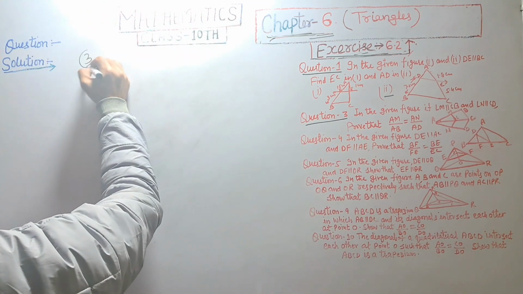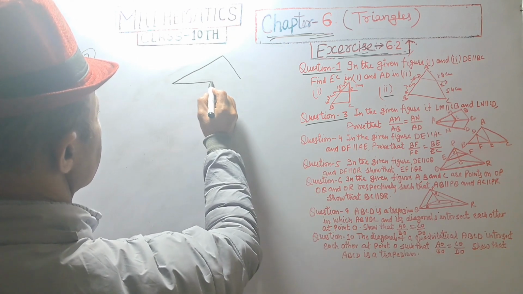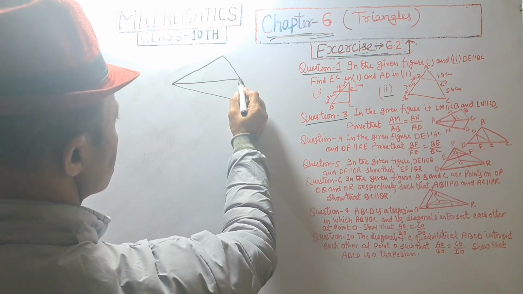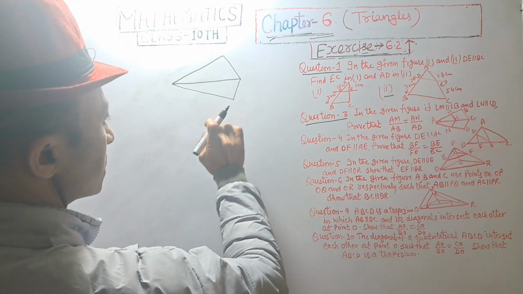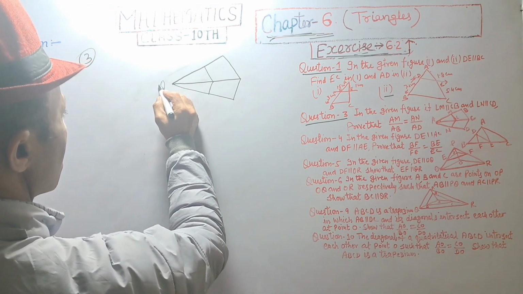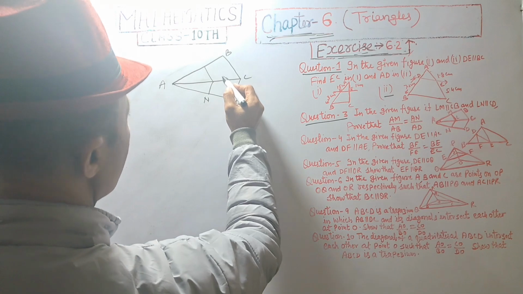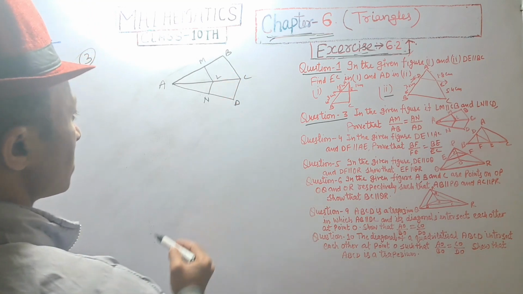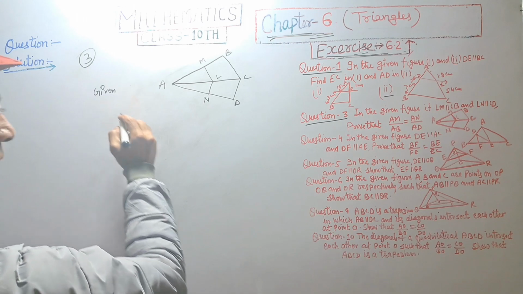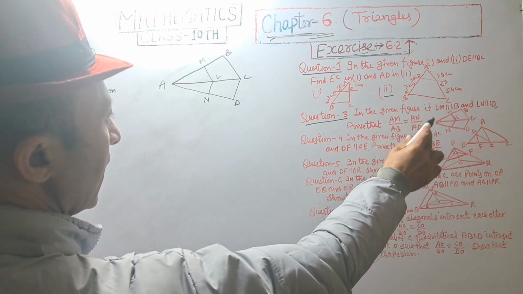Question number 3rd. Given A, B, C, D, N, L, M. In the given figure, LM is parallel to CB and LN is parallel to CD.